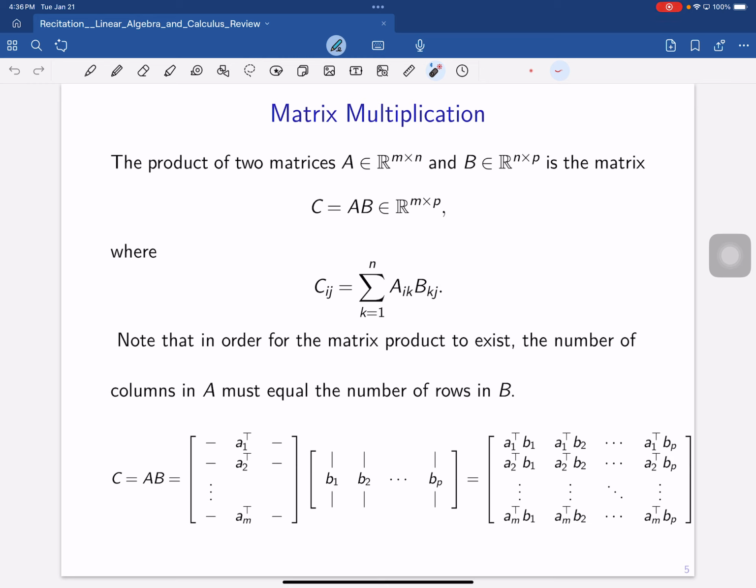Then you can write A in row form and B in column form, and the ij element of C is the ith row of A inner product with the jth column of B, right? This is just how matrix multiplication occurs. Okay, I'm sure in most of the engineering mathematics classes, you are very comfortable with doing those calculations.